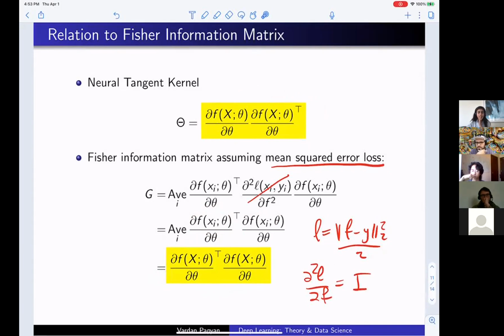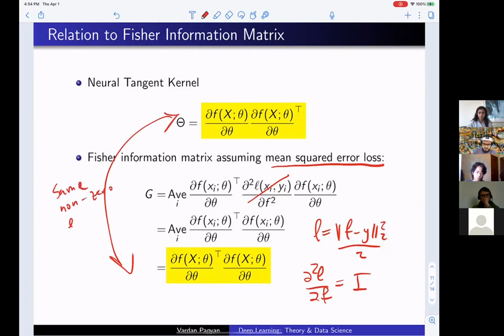Have you heard this name, companion matrices? You have. So what does it imply that one is like A transpose and the other one is A transpose A? It implies that they have the same non-zero eigenvalues, right?